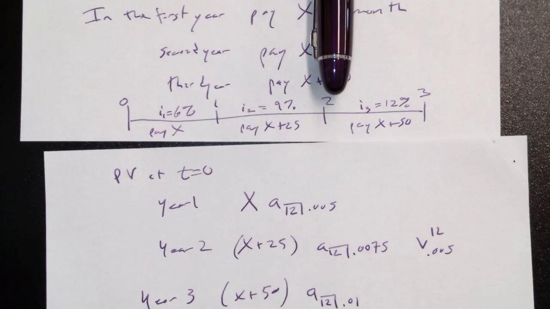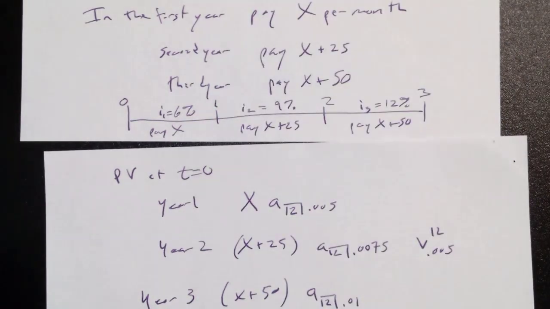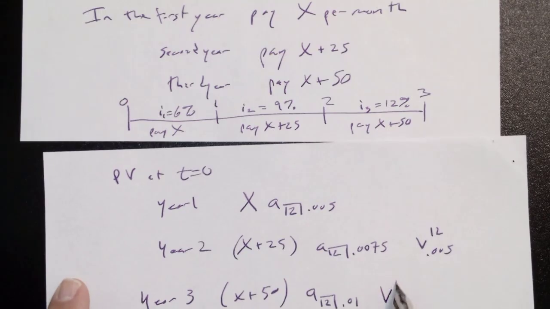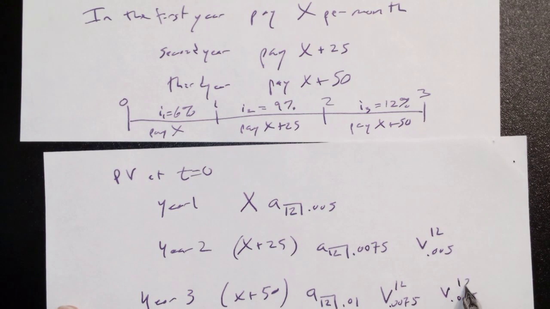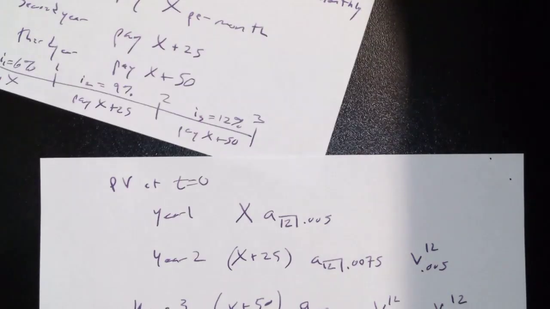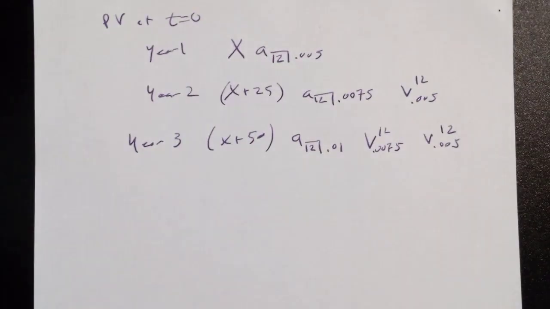Because those have 2 different interest rates, I'm going to use a v to the 12 with a different interest rate between year 1 and 2, and then a different rate between 0 and 1. So to go from 2 to 1, I have to multiply by v to the 12, but that's v 0.0075. And then to go from 1 to 0, I need v 0.005 12 times. Isn't this just disgusting? But that's my payment schedule for this loan.